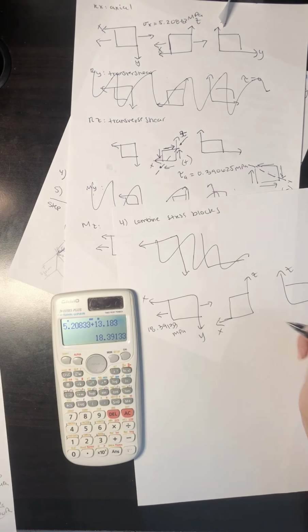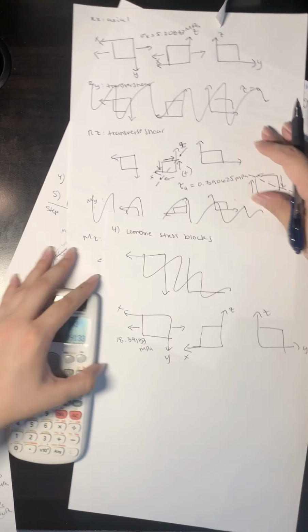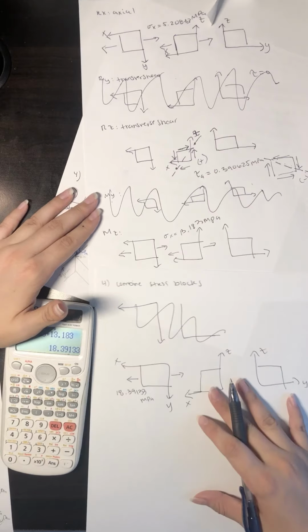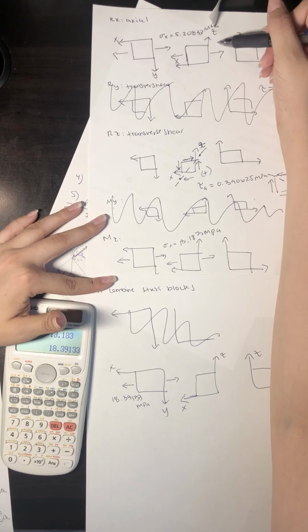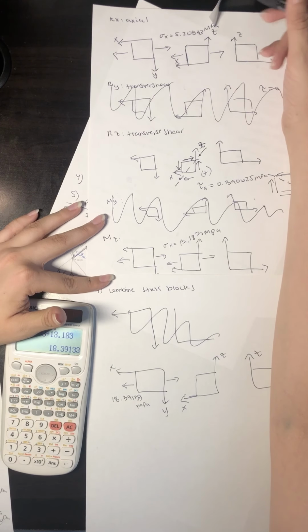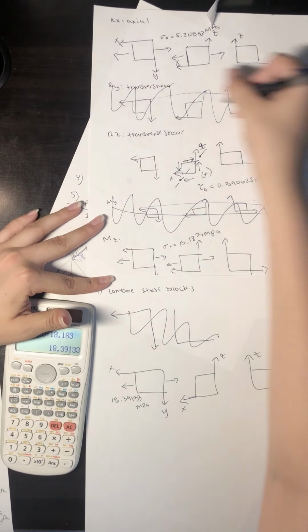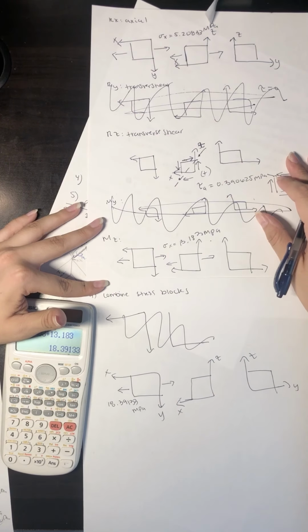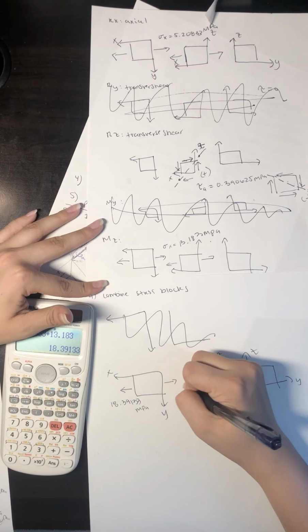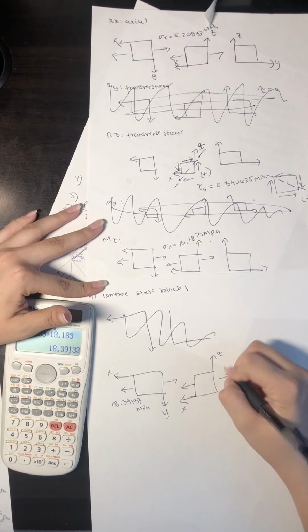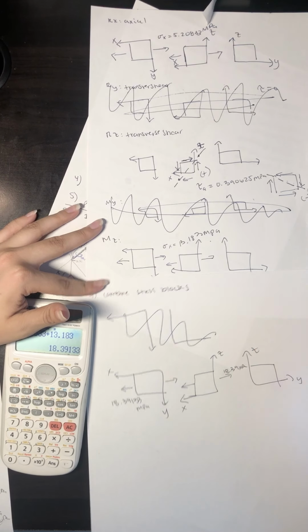Right, in the xy plane, and then going to the xz plane, we have the same thing actually. We have 5.2 and we have 13.183. Sorry, I don't know if this is confusing anyone. So it's going to be the same thing, 18.39. I'll just sum it up like that.